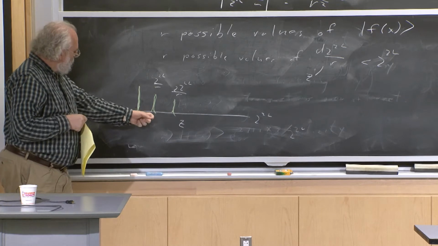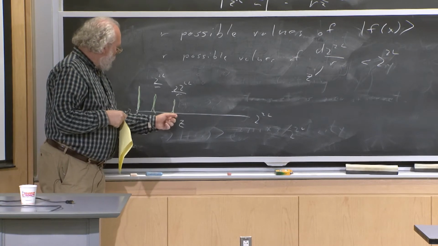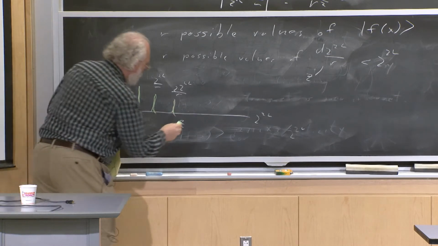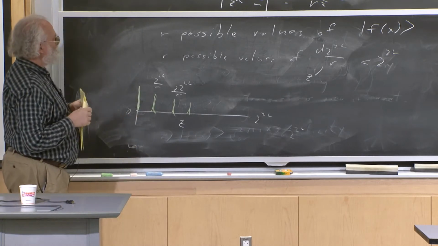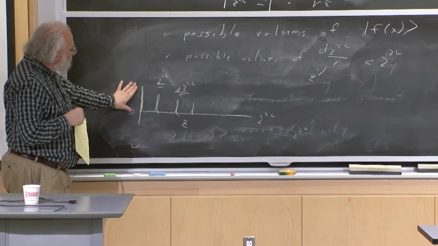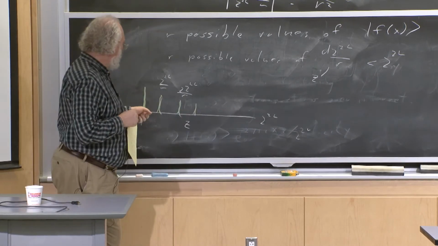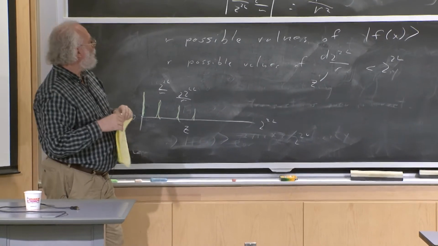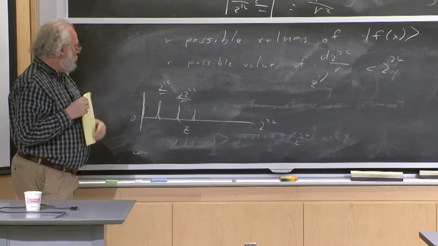And all of these spikes have the same probability if you integrate over any of them. So this is the probability distribution of what you see when you measure z. And it doesn't really depend on which f of x you get, although it might by a very tiny amount.